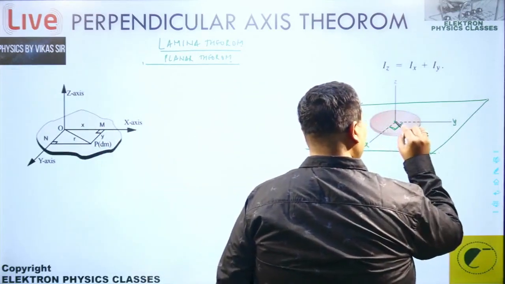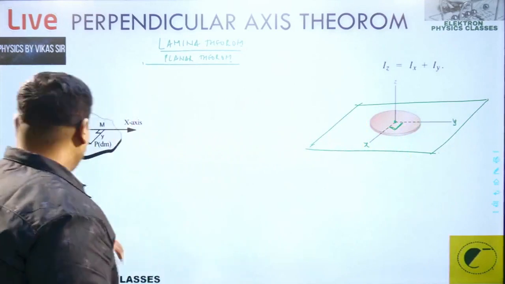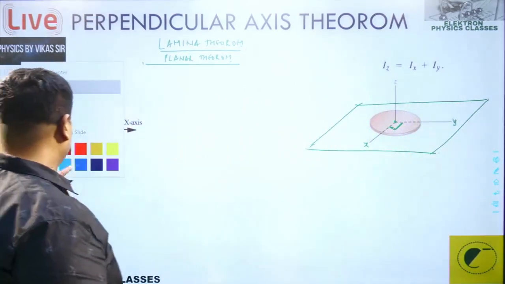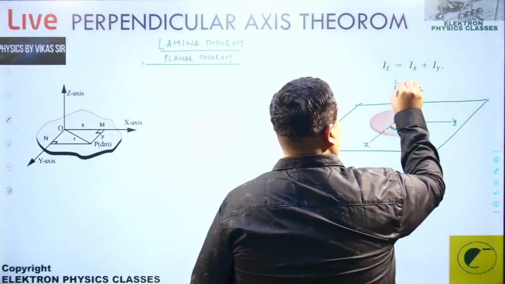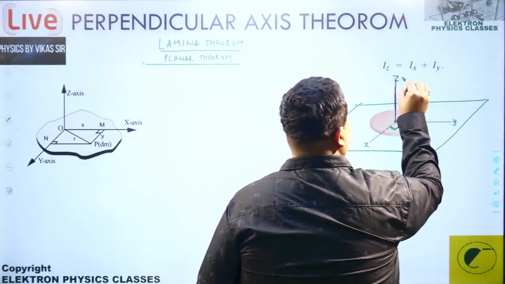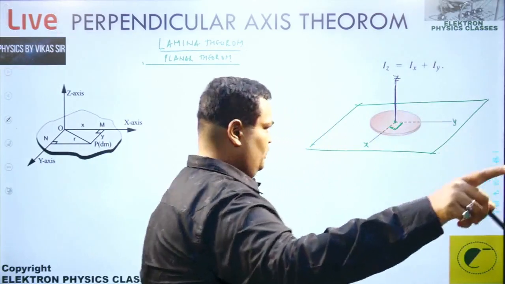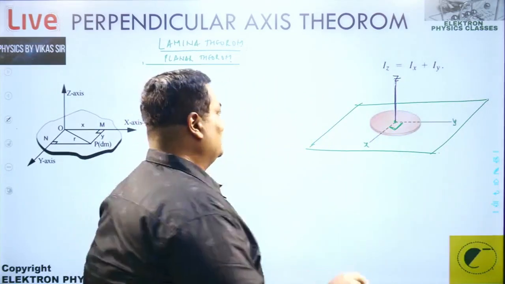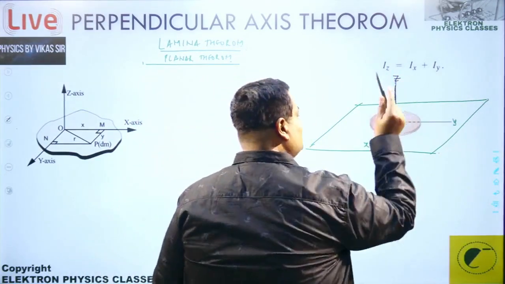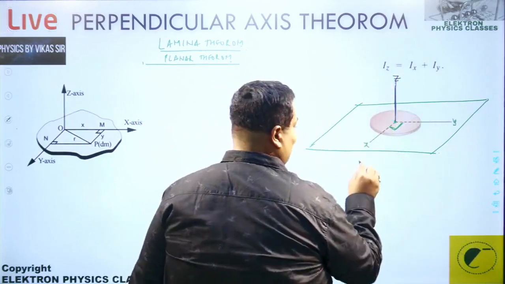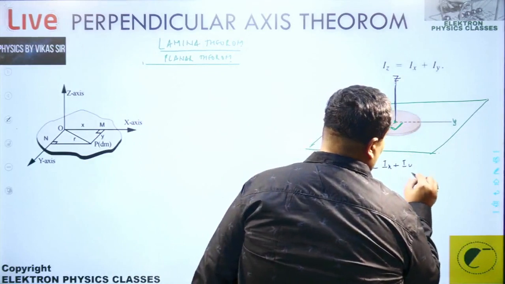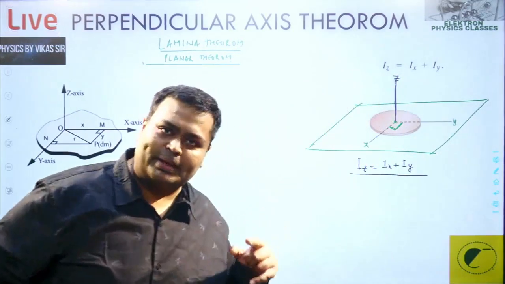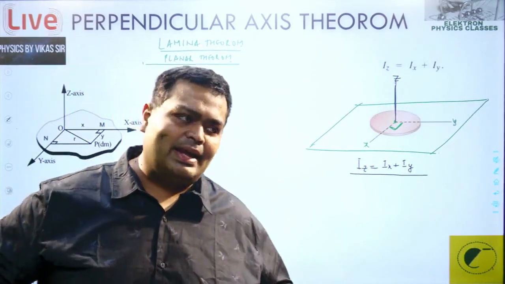And from the same point where they are intersecting, I have a third axis which is perpendicular to the plane. That's the z-axis. So, the theorem says that the moment of inertia about this axis, which is perpendicular to the plane, that is Iz, is equal to the sum of the moments of inertia about the two axes which were mutually perpendicular, intersecting, and in the same plane.